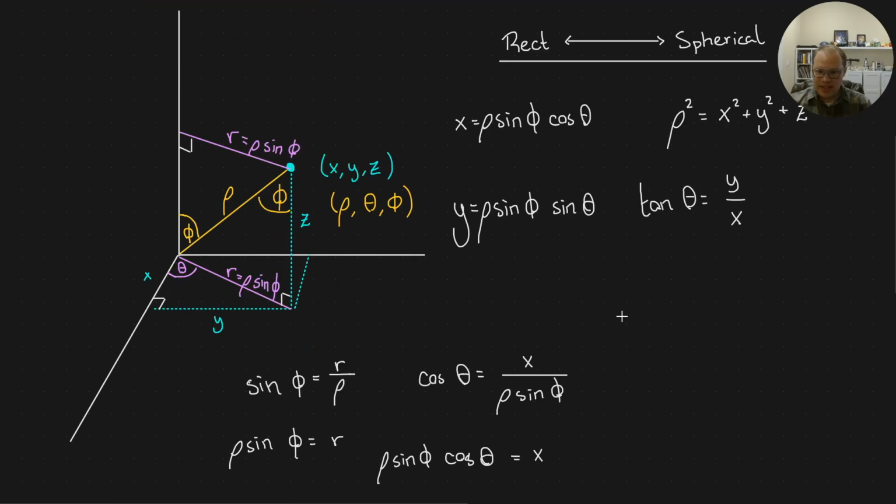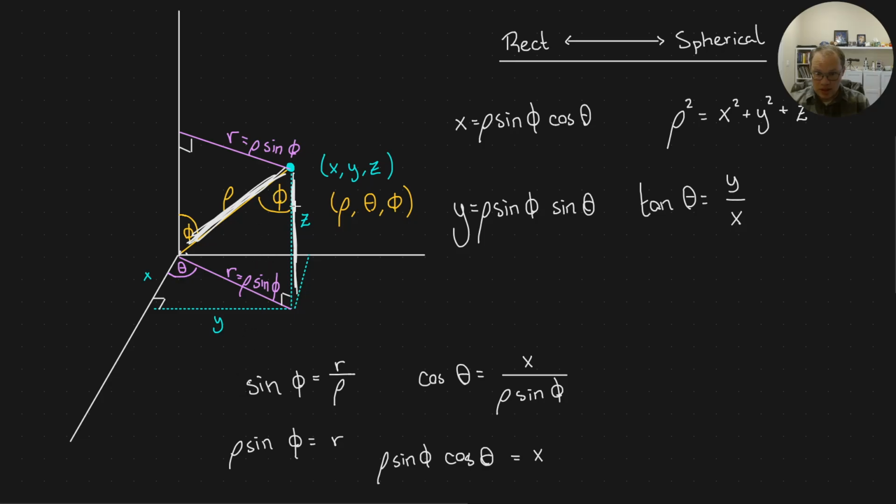And now let's get z. Now for z, we want to look at this triangle right here. Okay? Now there's my phi. And so I'm going to relate this side and this side, since those are our two simplest sides.